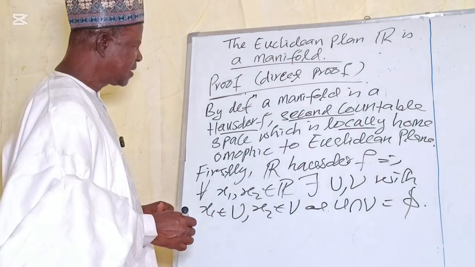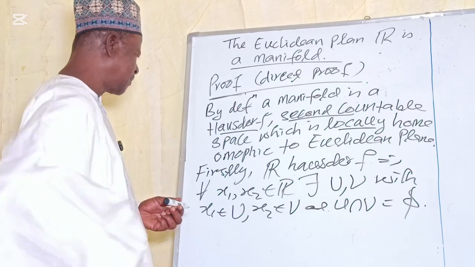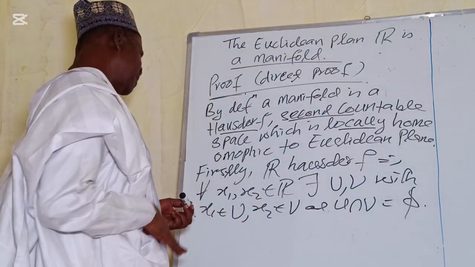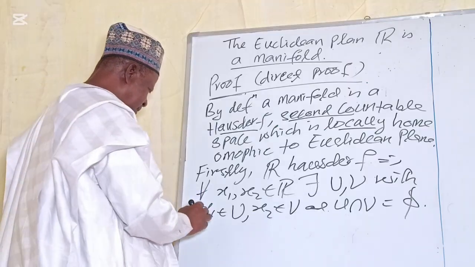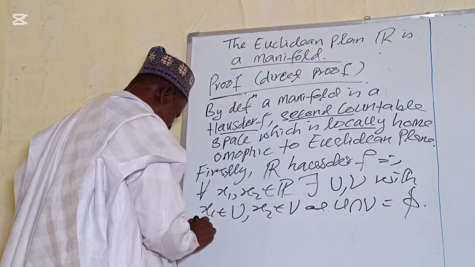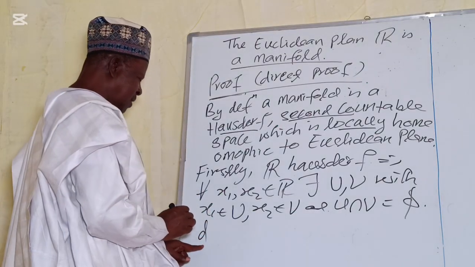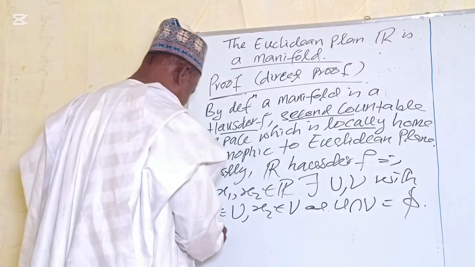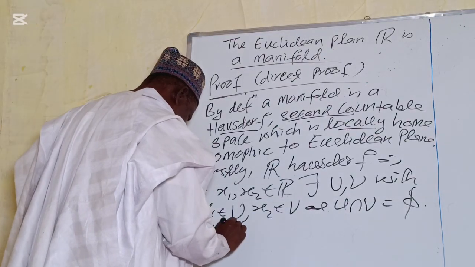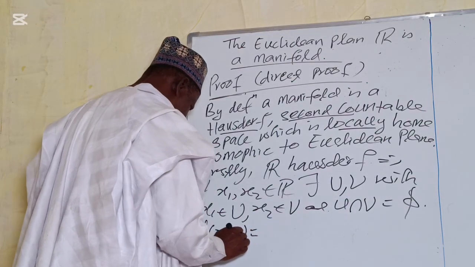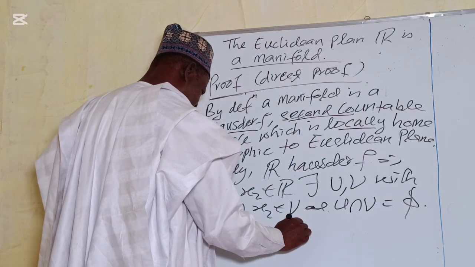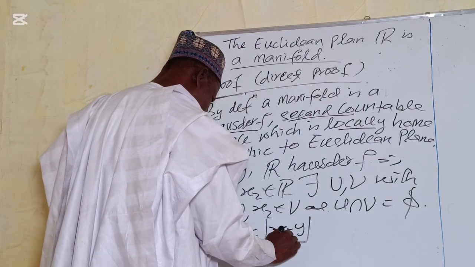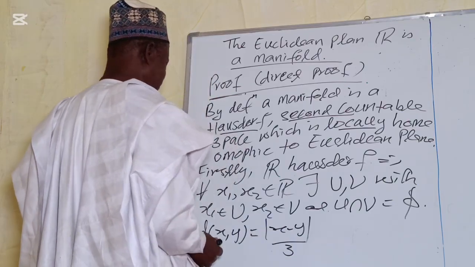Now, can R satisfy this property? Of course, if we endow R with a metric topology, a distance function, the distance between x and y is going to be the absolute value of x minus y.